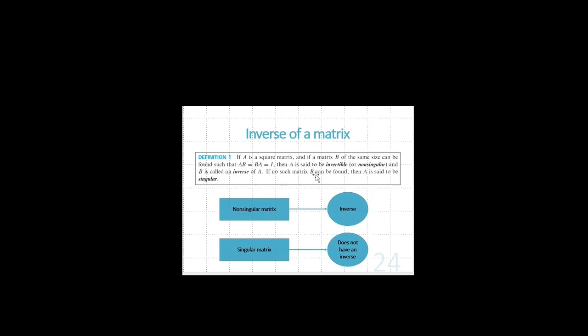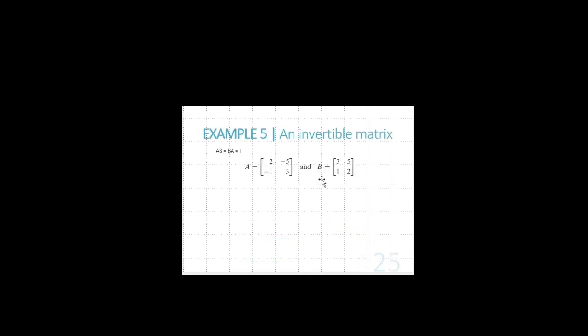So if we can find that matrix B where this holds true, then A is invertible. If no such matrix B can be found, then A is said to be singular. So if we can find an inverse, that means matrix A is non-singular. If it does not have an inverse, then it's going to be a singular matrix. So here we're going to be learning about the inverses.